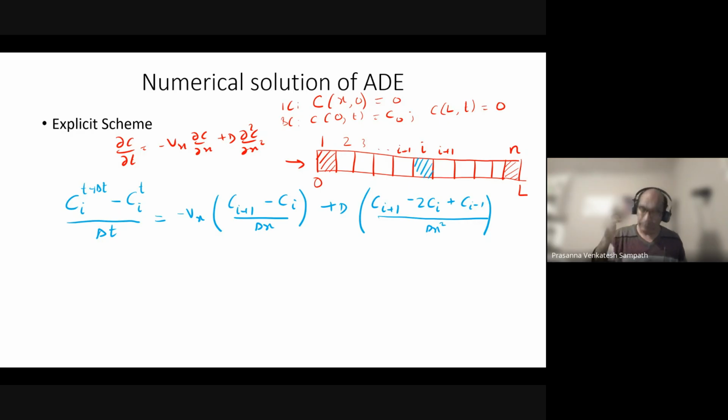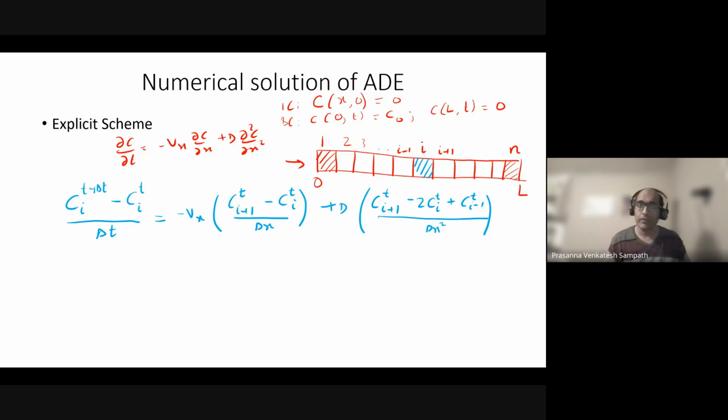Okay, so the explicit scheme assumes that all these values are at time t. So I'm going to add the superscript to each of these different terms. Now when you look at this equation, how many unknowns are there and how many knowns are there?